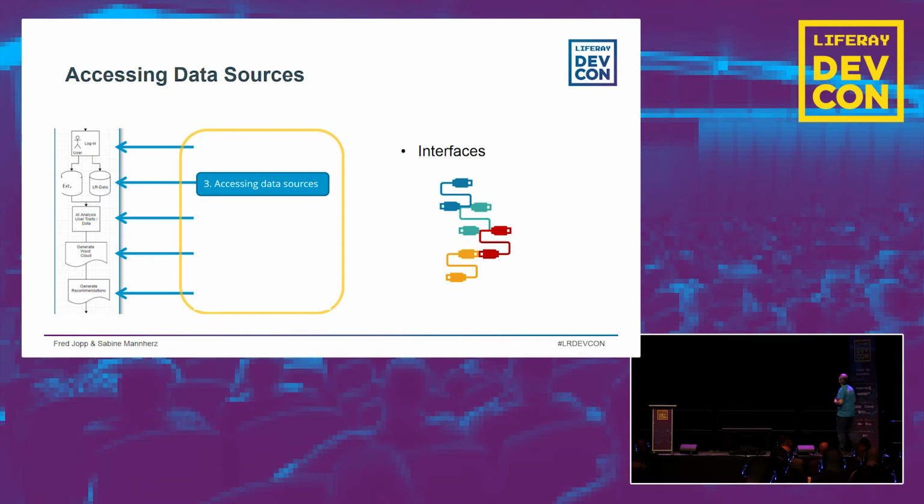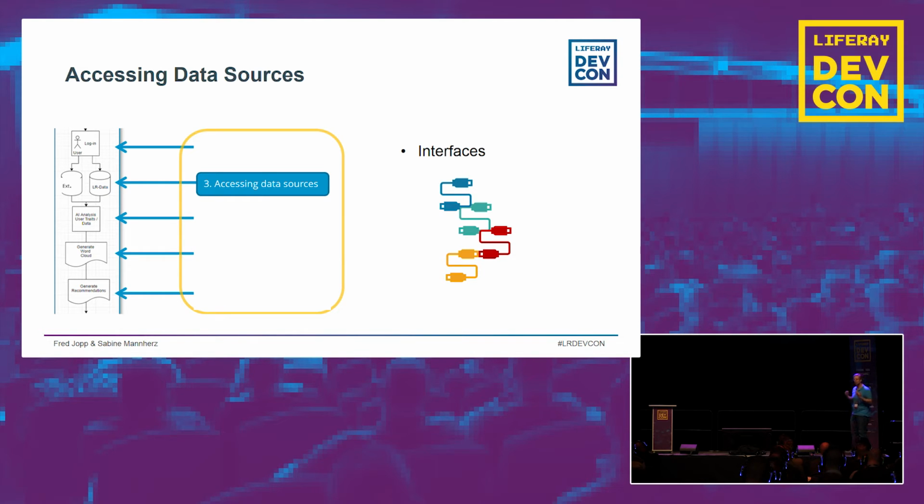The problem then is accessing the data sources, and if you have a look at the more or less UML diagram there, you see that after the login of the user, on the left side is external data, and on the right side Liferay data. So there is also external data in the context which is related to Liferay.